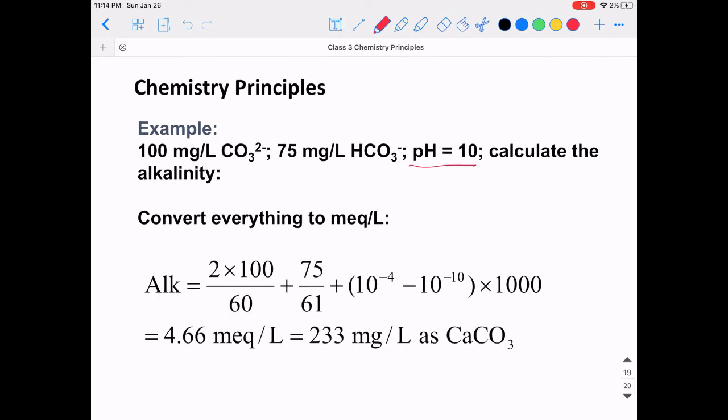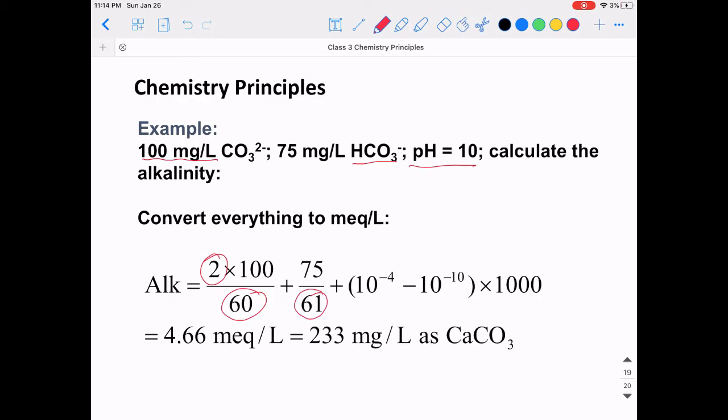Then we can directly use the condition here, because we already know the mass concentration. We divide the carbonate mass concentration by its molecular weight, which is 60, and we need to remember to multiply 2 in front of it. For the bicarbonate ion, we divide 75 by 61, which is the molecular weight of the bicarbonate ion.